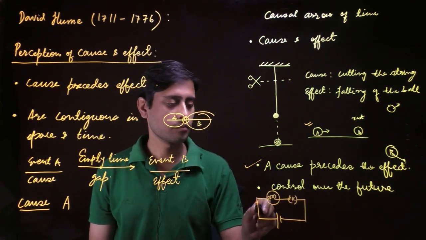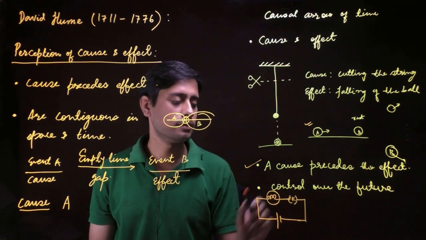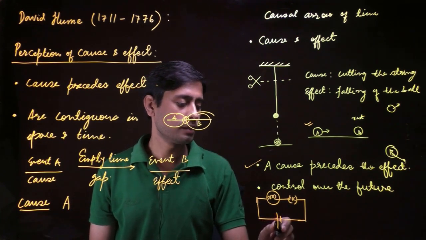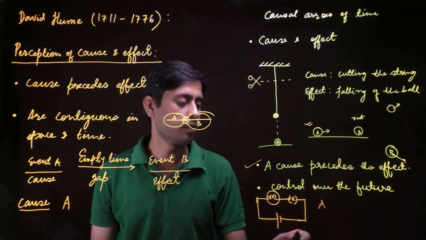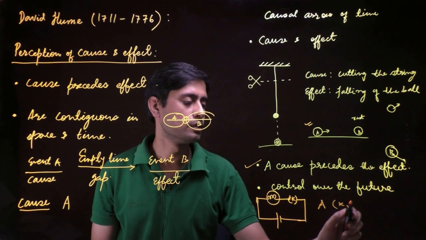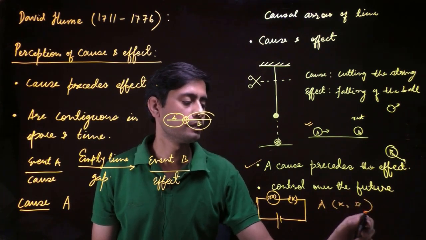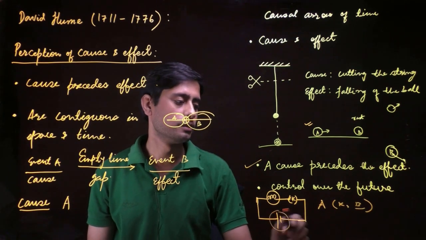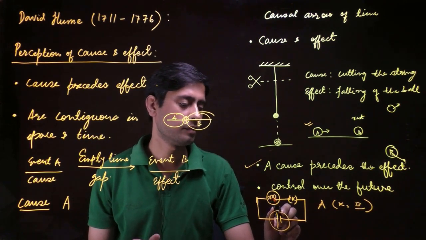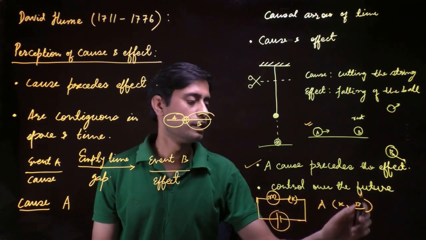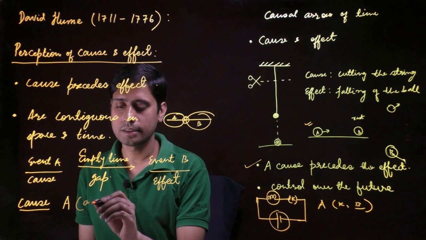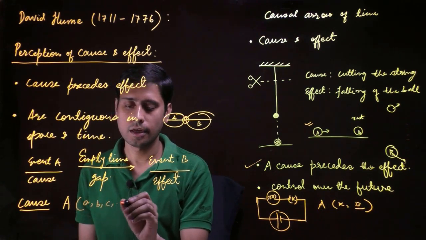Now the effect is the lighting of this bulb. It depends on many conditions. The event of the cause is what? That the switch key is closed, the battery is charged. If the battery is discharged, then it will not glow, and the bulb is not fused, the bulb is perfectly okay. So for an event to occur, we need to satisfy certain conditions A, B, C, and so on.